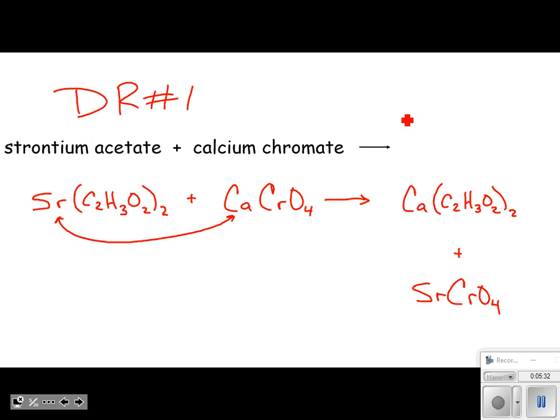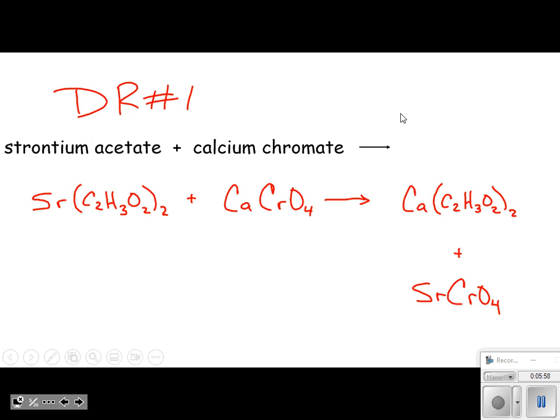It's very important that you remember, back with all of our nomenclature, that you write the correct formulas. If you need to write out the words, strontium chromate, and then write the formula, that's perfectly fine. Bottom line, we get them correct. So I've now swapped my cations.